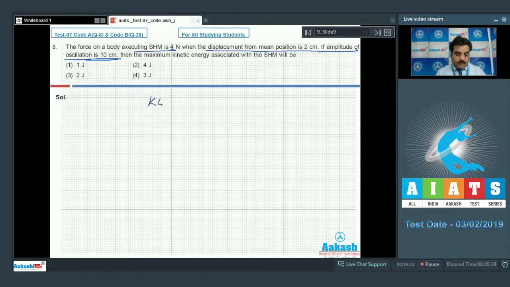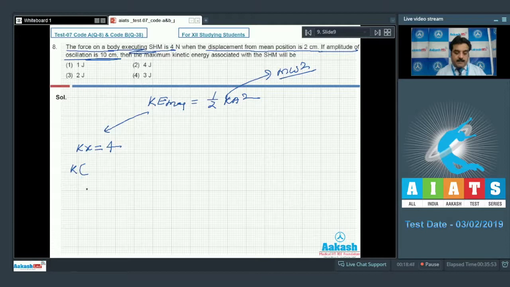So you know that the maximum kinetic energy is given by 1 by 2 K A square, and you know the value of K is equal to m omega square, right? But according to the problem, I have the value of Kx. Kx means the force on body in SHM, and that is 4 Newton, right? So K into the value of x.